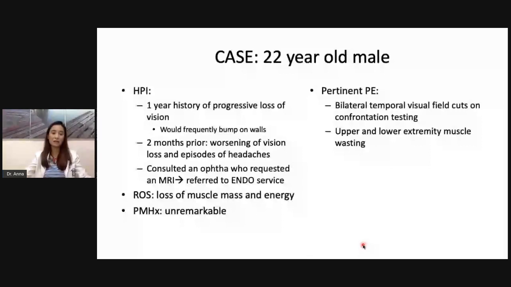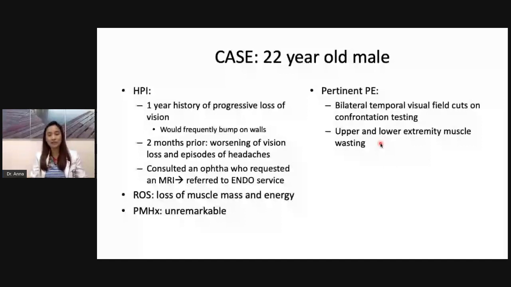In the comprehensive review of systems, they only noted loss of muscle mass and energy. Otherwise, since this is a 22-year-old male, the past medical history was unremarkable. In the physical examination, especially the neurologic examination, they noted only temporal visual field cuts on confrontation testing, and upper and lower extremity muscle wasting.